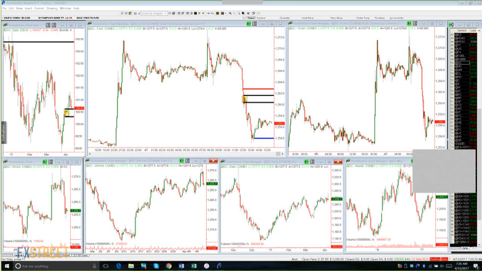For example, I don't use trail stops or adjust stops or anything. Entry, stop, target. I don't use a minimum of 1 to 2. I would use a minimum of 1 to 3, and I'm looking for quite a bit more than that. But again, it's totally whatever you want.